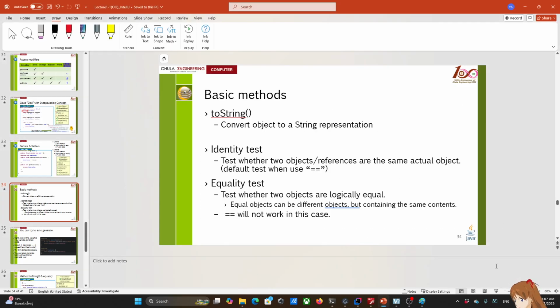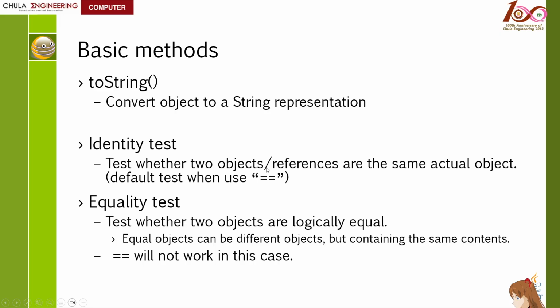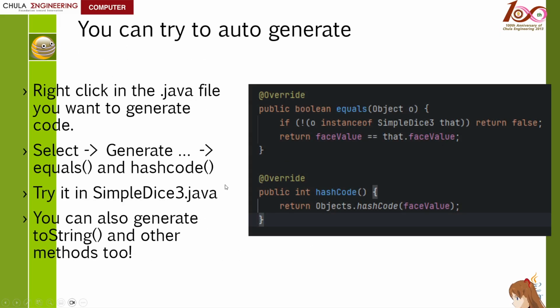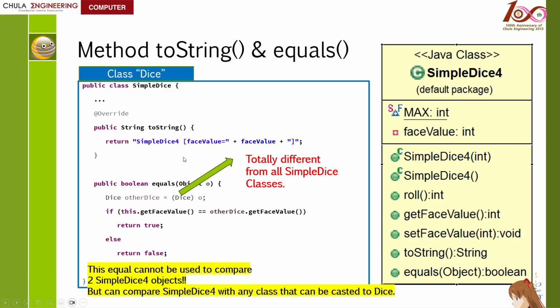Let's get back to our slide. In the slide, there's one more example, in class SimpleDice4, I think. But in that class, it's a bit strange because the equals that compares SimpleDice4 does not compare with another SimpleDice4, but it instead compares with anything that can be converted to Dice.